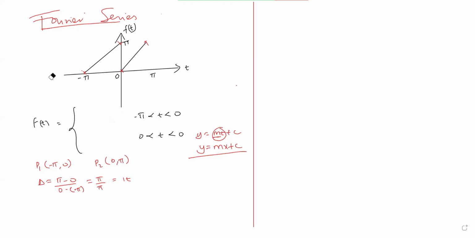Then we check where the line cuts the y-axis; that will be your c. It cuts the y-axis at pi, so plus pi. It is positive 1t, which is just t.